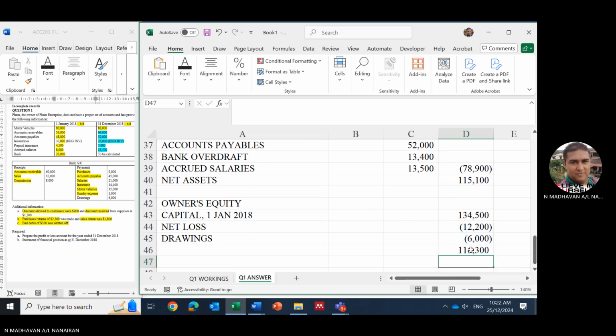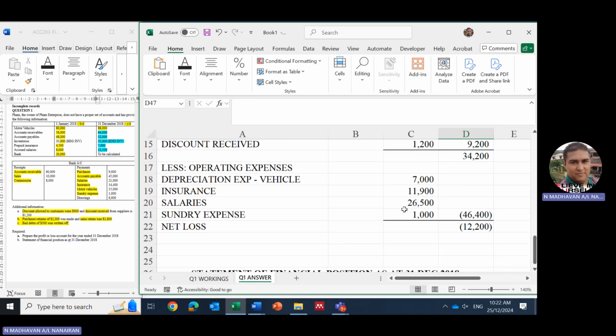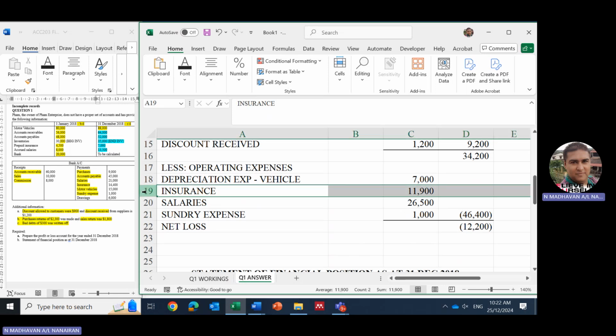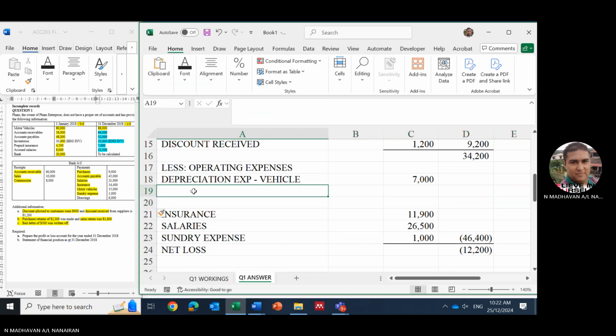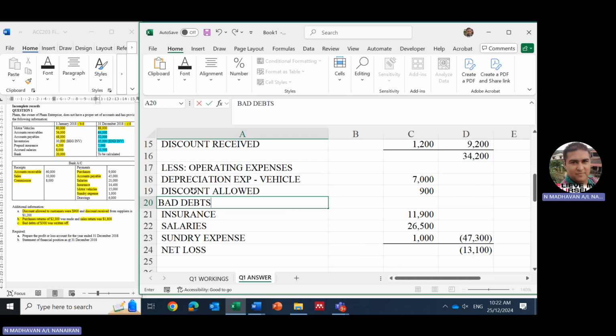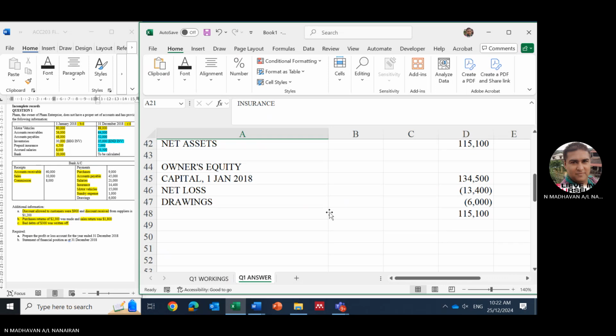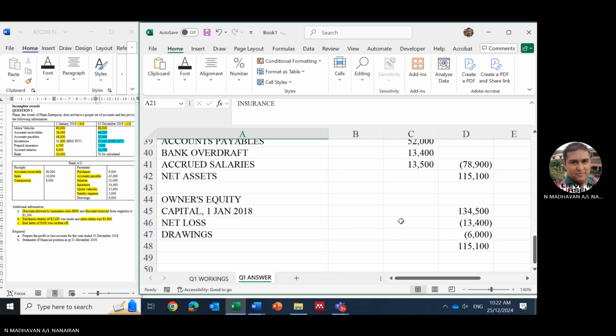Not the same. Ah, I know why. Did we put in our discount allowed here? Did we put in our bad debts? No, right? Discount allowed. How much discount allowed? And bad debts? 300. Same. Total equity. Same.